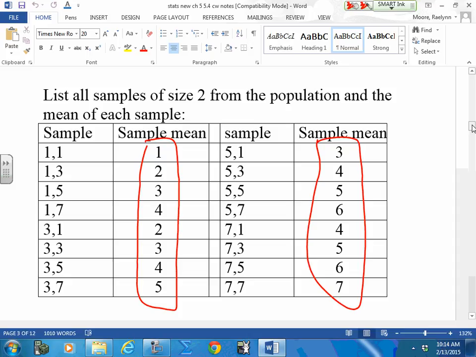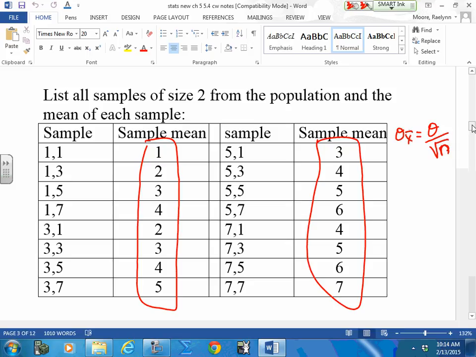Now, once you do this, you're going to find that your mean is exactly the same as this. Your standard deviation is the one that's going to change. Your standard deviation is going to say, take the standard deviation from my population and divide it by the square root of n.